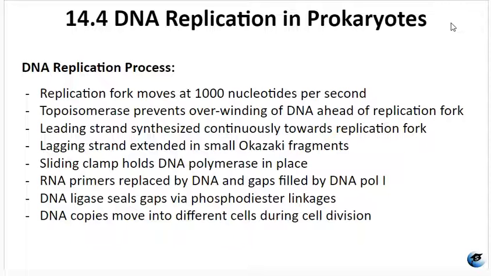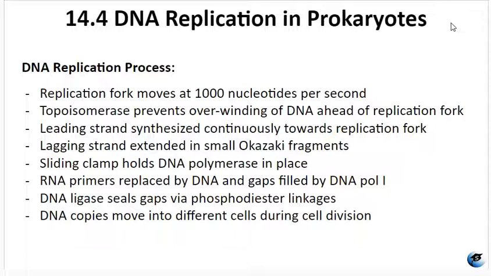At the replication fork, there's a challenge because the two template DNA strands have opposing orientations. The leading strand, which is complementary to the 3' parental DNA, can be synthesized continuously towards the fork. However, the lagging strand, complementary to the 5' parental DNA, is synthesized away from the fork in short little fragments called Okazaki fragments.